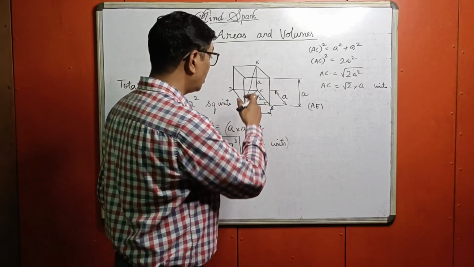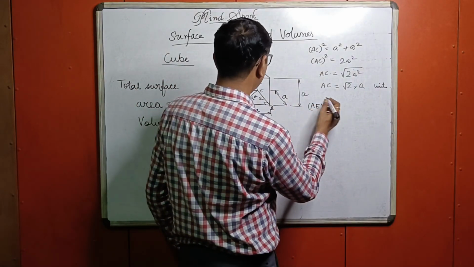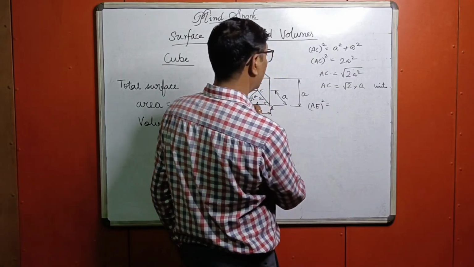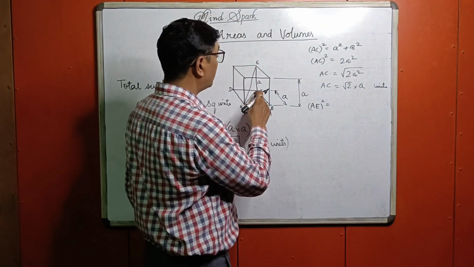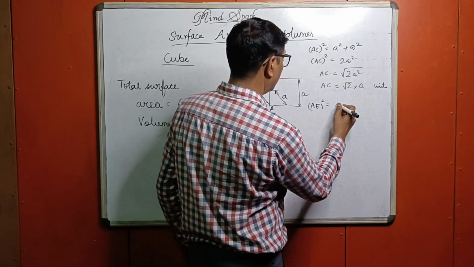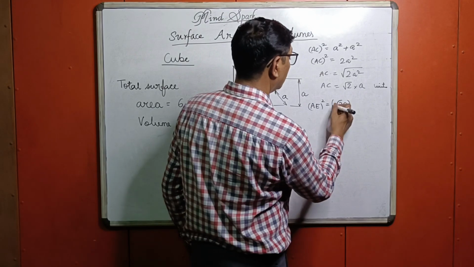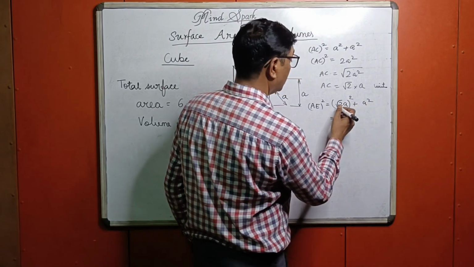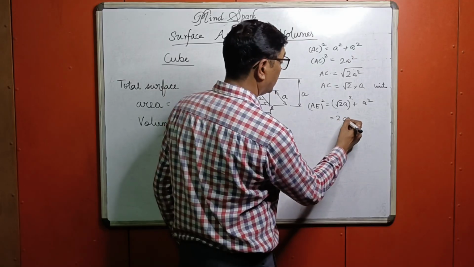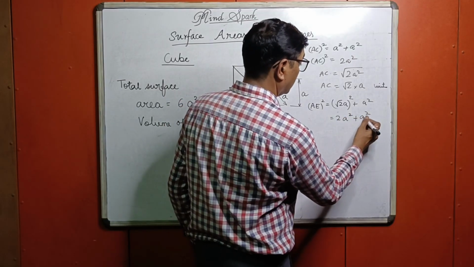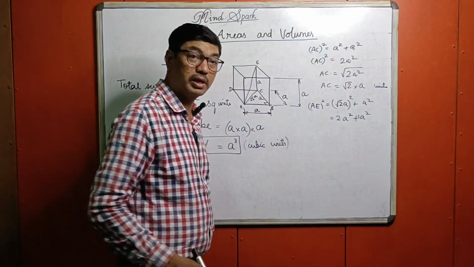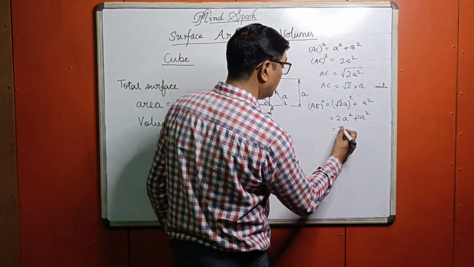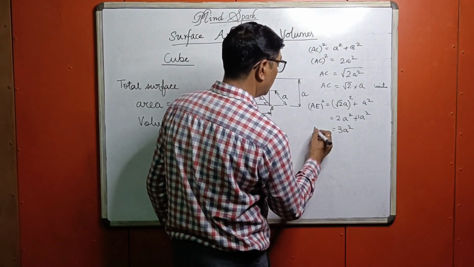When you talk about the diagonal of the cube, AE square is equal to AC square plus EC square. AC square is root 2 A the whole square plus A square. Square root and square cancel, so you will get 2A square plus A square. This is 2 times and 1 time, that is 3 times A square. That is your AE square.